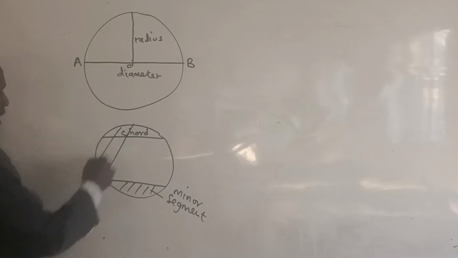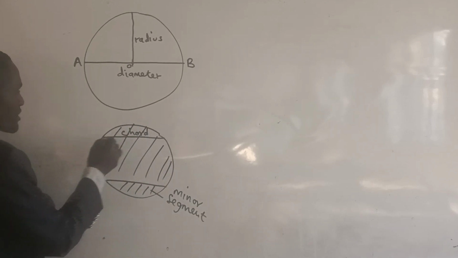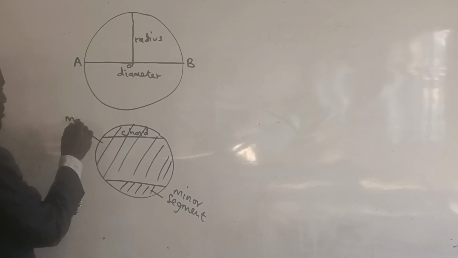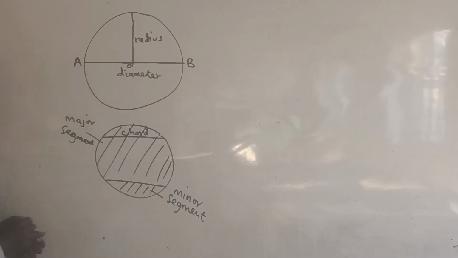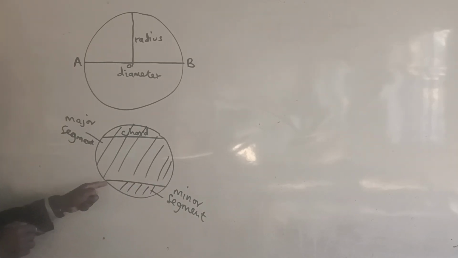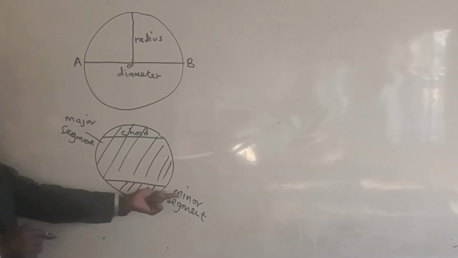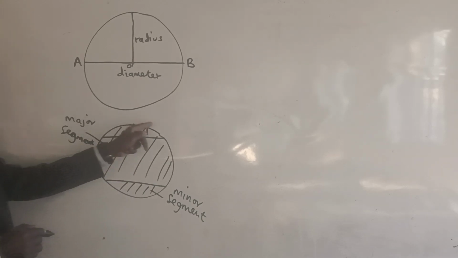So this remaining part that is larger than these other parts can get referred to as the major segment. A chord and an arc of a circle will form what you call a segment. Due to its size, it becomes the minor segment, and the remaining part forms the major segment.